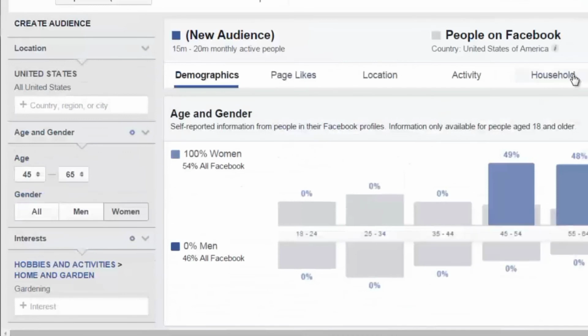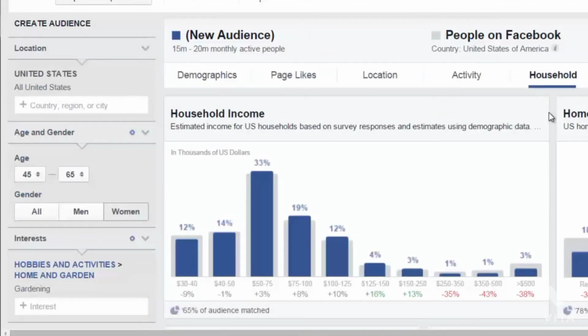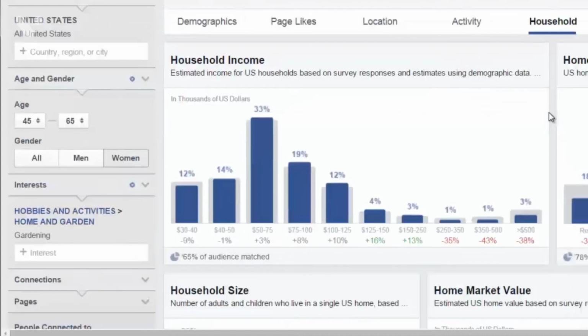Now, if we go straight to household, this will begin to tell us how much they can afford. Most of them are earning about 50 to 75 grand, and the second highest is 75 to 100 grand.